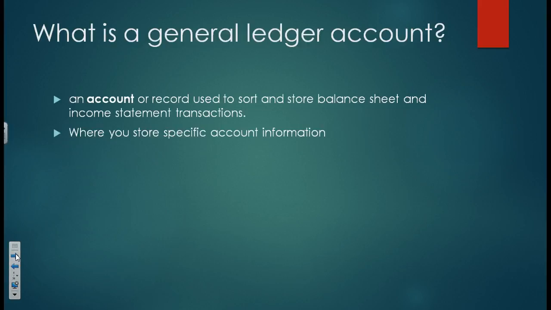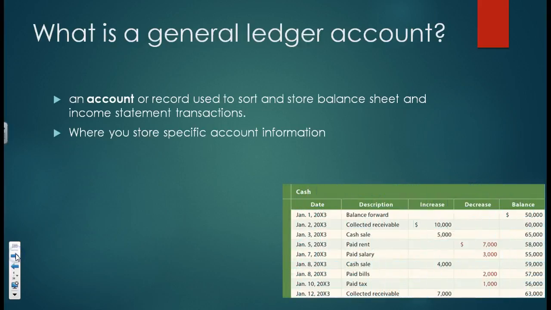This is where you store the specific account information. Again, I found an image just to show you. This would be a cash ledger. We have to start thinking of, yes, we've used certain forms in this class, but there's also different electronic means and ways that you can do it. And I'm going to start introducing those so you can see those.